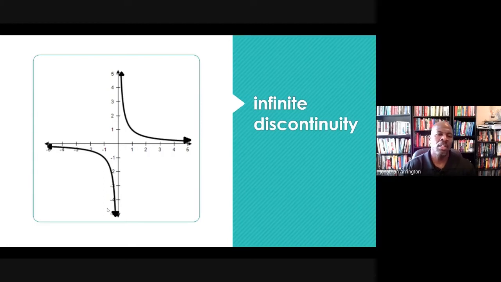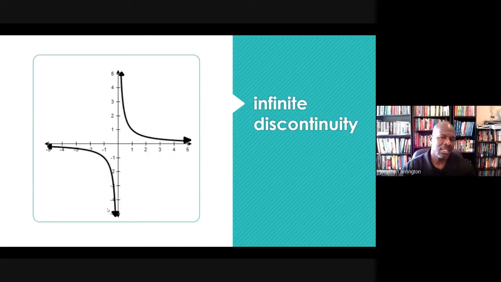So there's a jump of the whole graph. And the last one is an infinite discontinuity, where as x approaches a certain value, the graph shoots to either negative infinity or positive infinity from the left or the right. Okay, so those are our discontinuities.